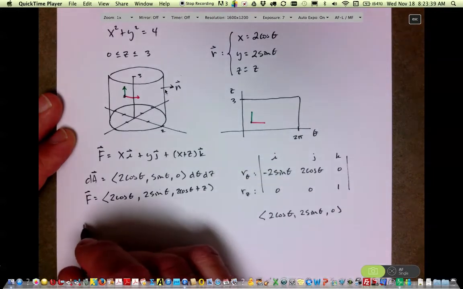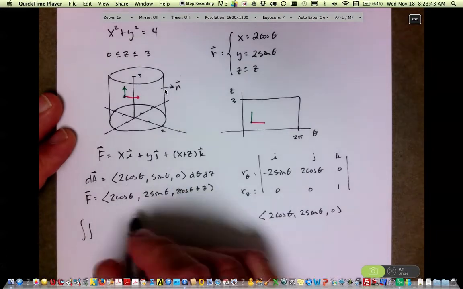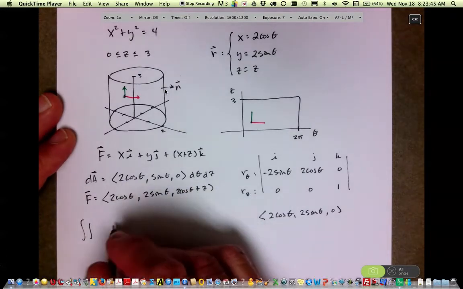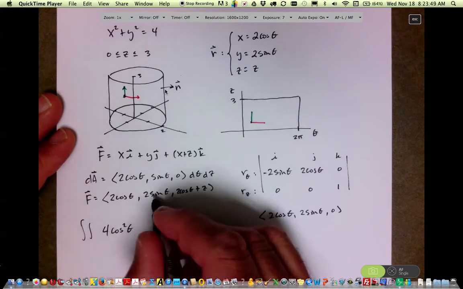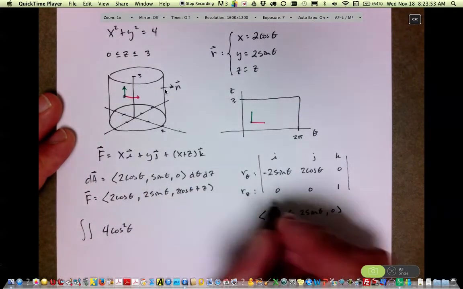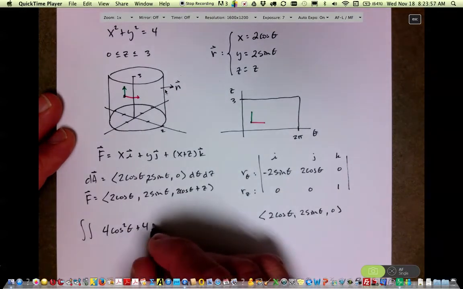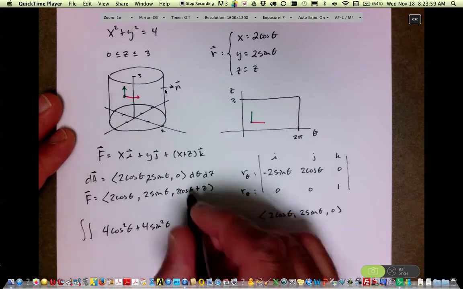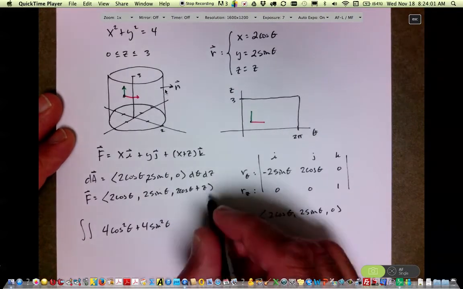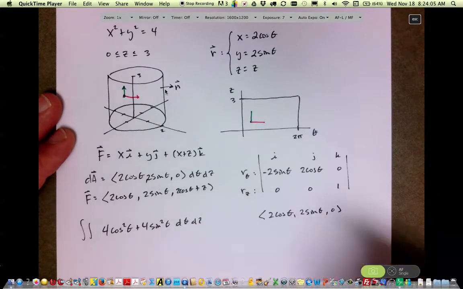Then we set up a double integral of the dot product of these two. This gives me 4 cosine squared theta. I forgot a 2 in here, there should be a 2. Plus 4 sine squared theta, and then 0 times this is 0, and then we've got d theta dz.